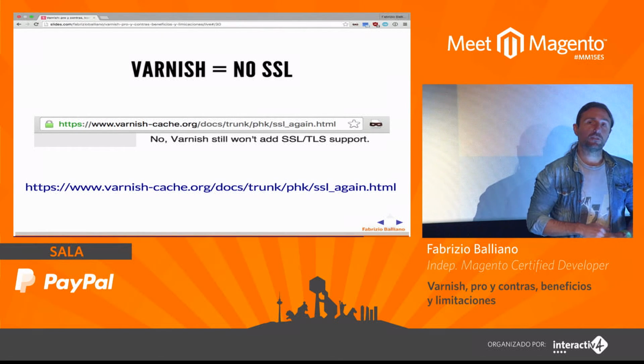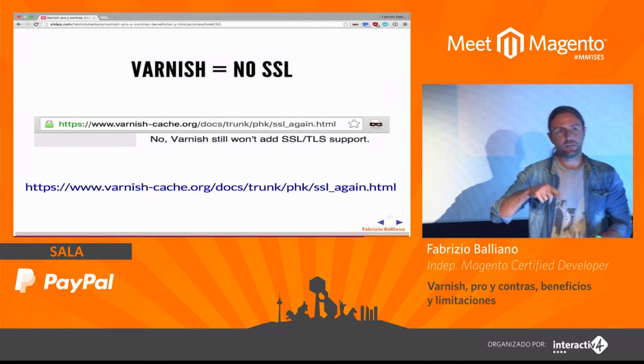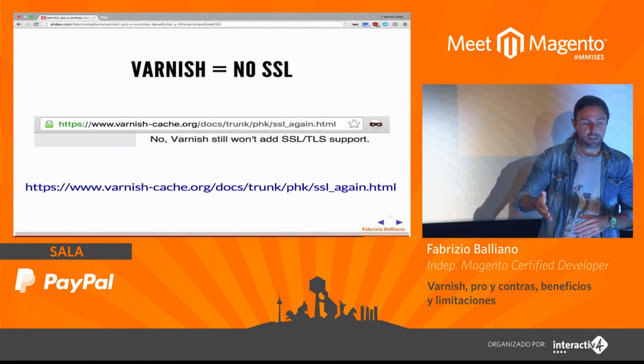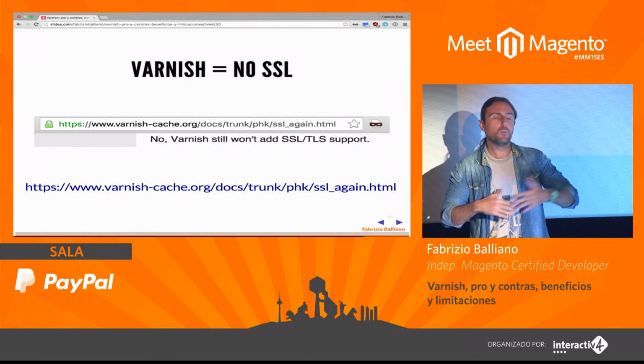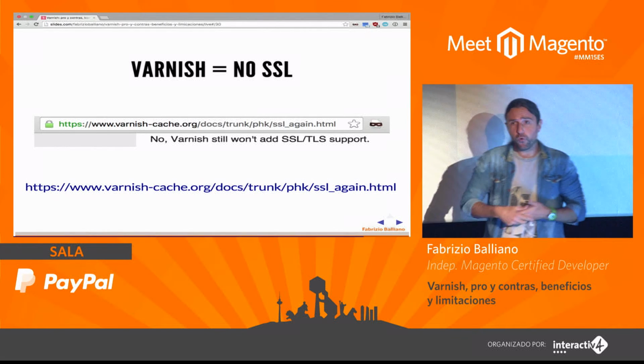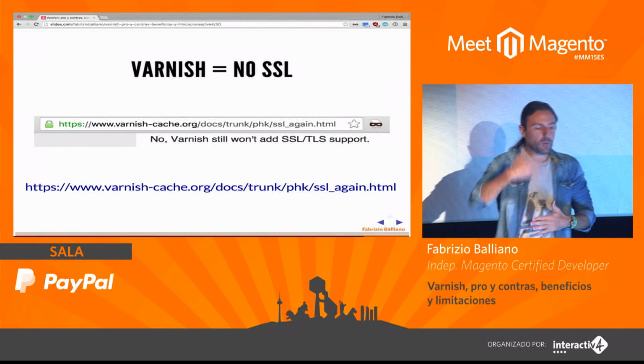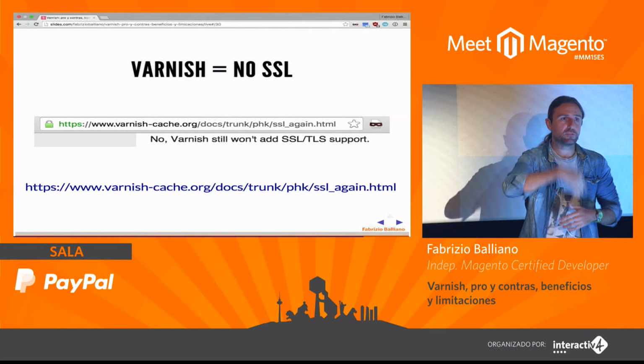This documentation is based on the Varnish 4.1 development. For a long time we worked with Varnish 3. Then we had Varnish 4, which was a big step forward. And nowadays we have Varnish 4.1.